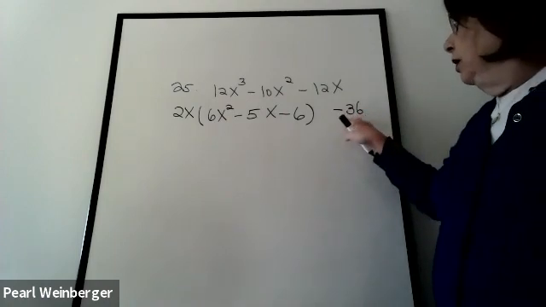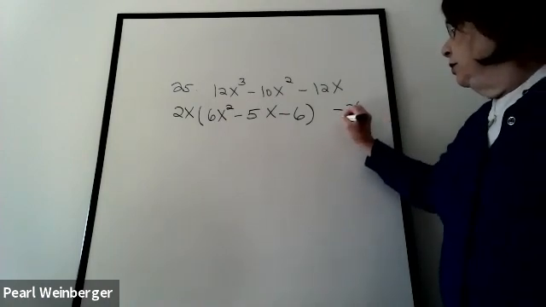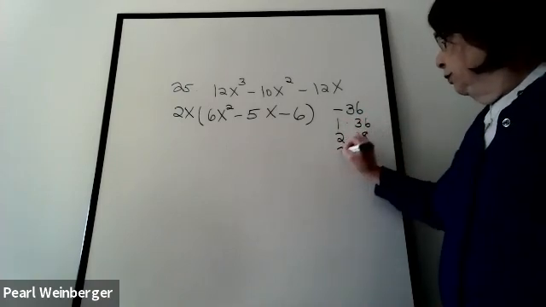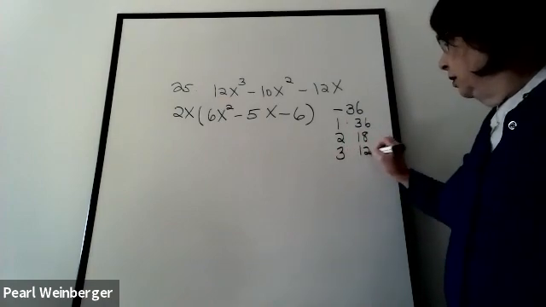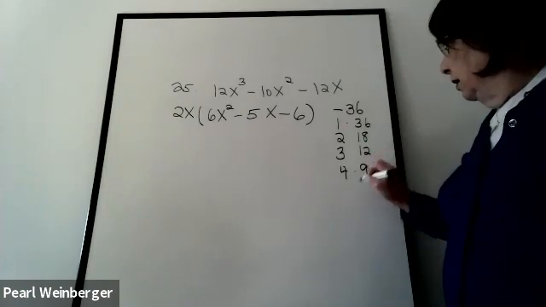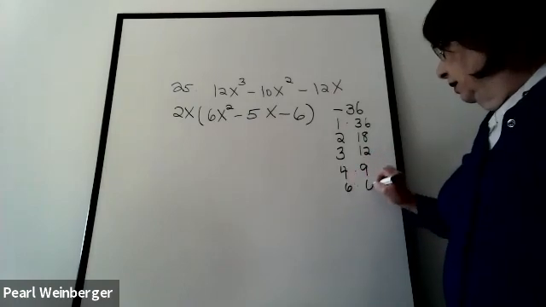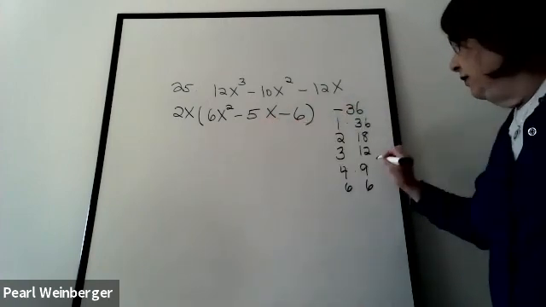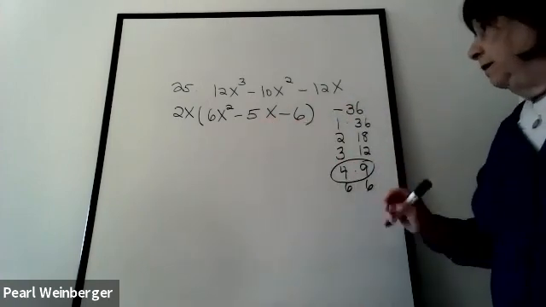Now, let's see what multiplies to 36. 1 and 36, 2 and 18, 3 and 12, 4 and 9, 6 and 6. And the ones that subtract to 5 are the 4 and the 9.